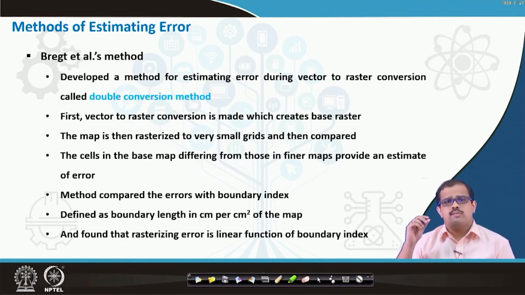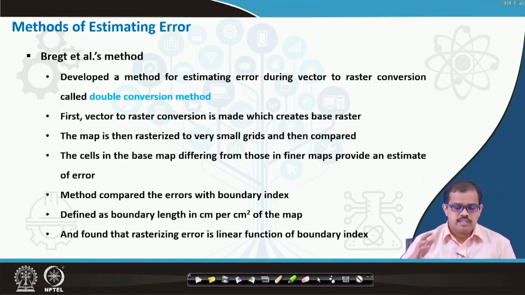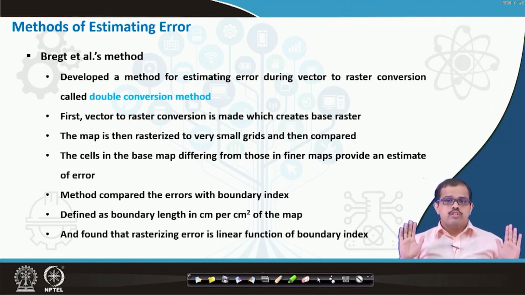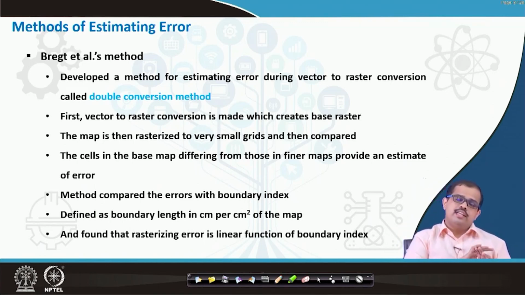This was based on a double conversion method, so it is also famously called the DCM method. Okay. The first vector to raster conversion here is made to create a base vector. It does not just directly give you a vector to raster data; what this method does is first give you a base vector.